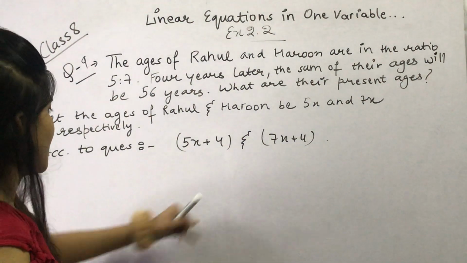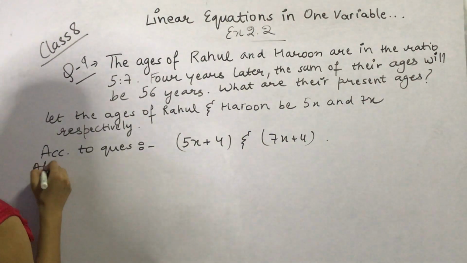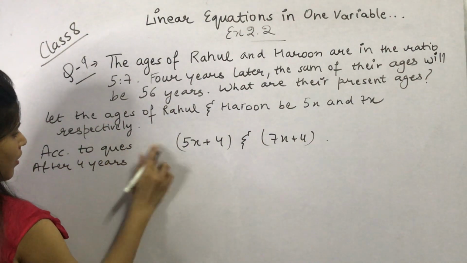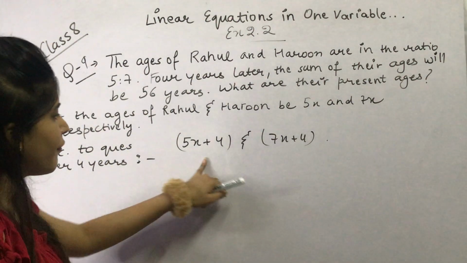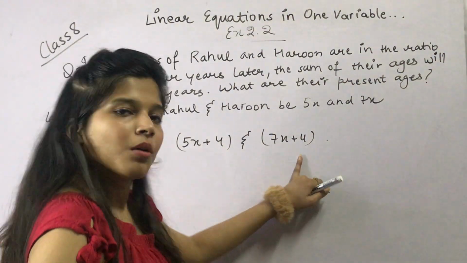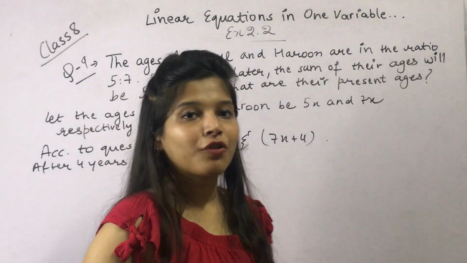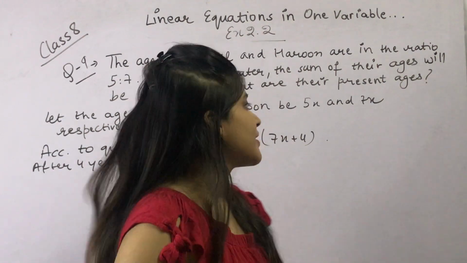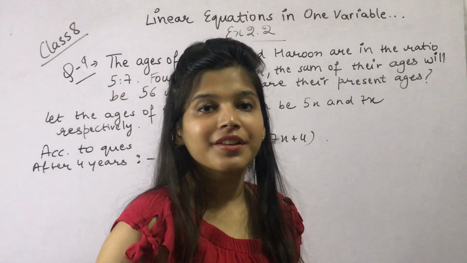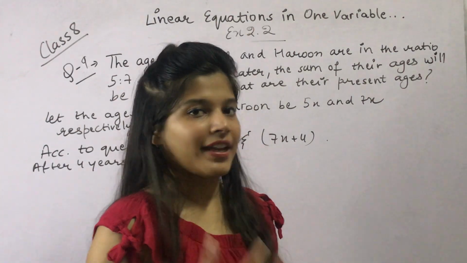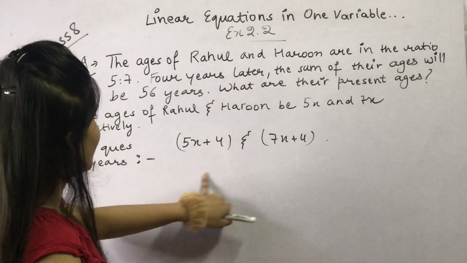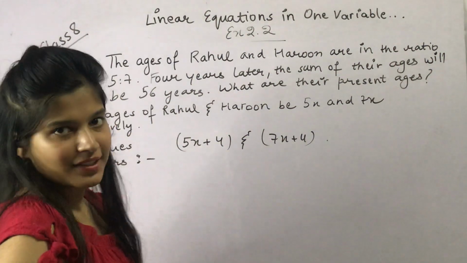According to question, after 4 years, their ages are 5x plus 4 and 7x plus 4. We added 4 here too because we add the years. Whatever years are extra, 4 years extra, we will add 4 years to their age. Okay? So now we know that the sum of their ages is 56 after 4 years.